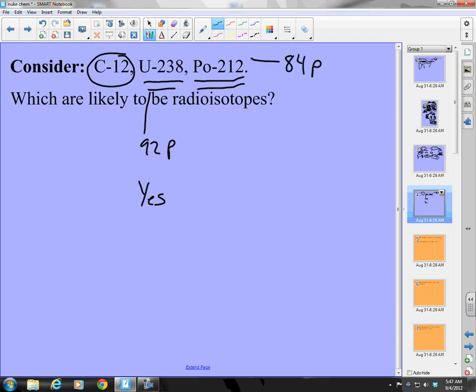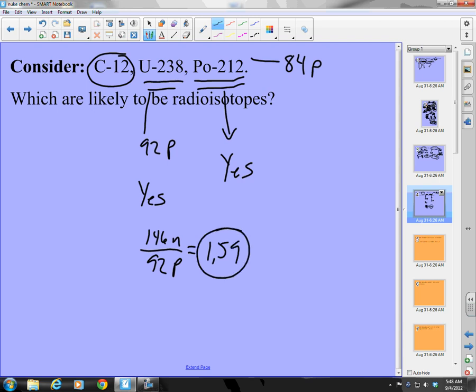Polonium-212. Polonium has 84 protons. Is that more protons than 83? My guess then is yes, it is radioactive. Now, just for the heck of it, let's look at the ratios. For uranium-238, I have 146 neutrons divided by 92 protons. What's my ratio there? I get something like 1.59. Oh yeah, that's a high neutron to proton ratio.